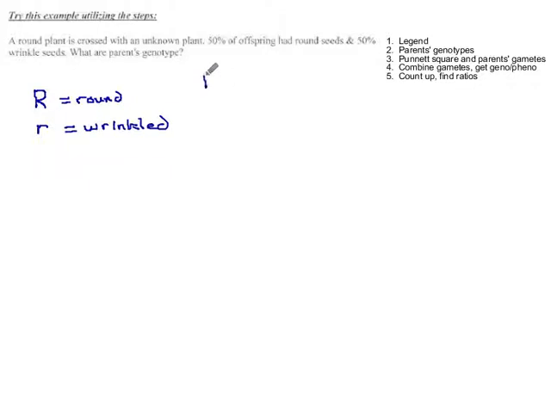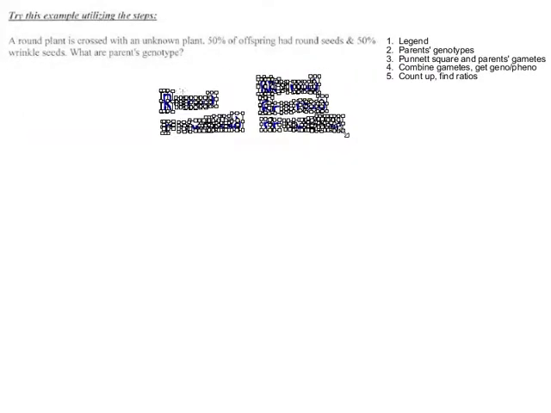The three pea plants that can exist are big R big R, which is homozygous round, big R little r, which is heterozygous, but because round is dominant, the peas still come out round, or little r little r, which will produce wrinkled peas. So there's our legend. I'll shrink that down a little bit, scoot it over to the side.